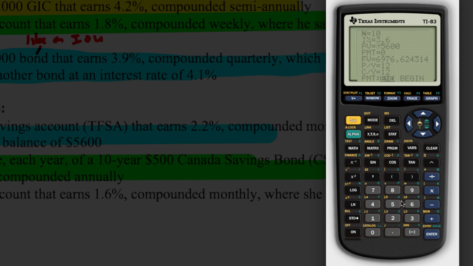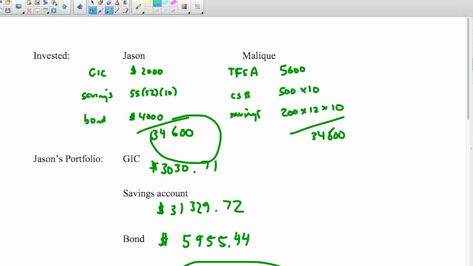The present value is 0, she has nothing, but every year she's putting in $500, so you should have negative 500. We don't know the future value, and the payment per year and compounding per year is 1. So if we do that, we will get $5,892.88.